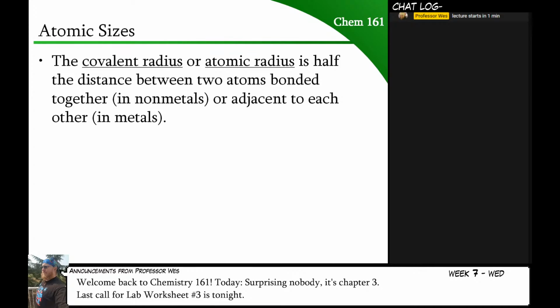So we're going to define covalent radius, also known as atomic radius, as half the distance between 2 bonded atoms, if those atoms are nonmetals, because it's very hard to get individual atoms and measure them, because they just rebond to each other. Or the distance between the nuclei for 2 metals. For example, in a metallic compound, all of the atoms line up in a line. Their orbitals don't really overlap, so you can get their atomic radius much more easily.